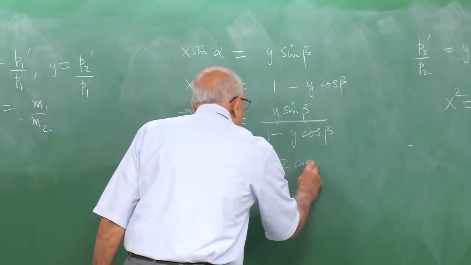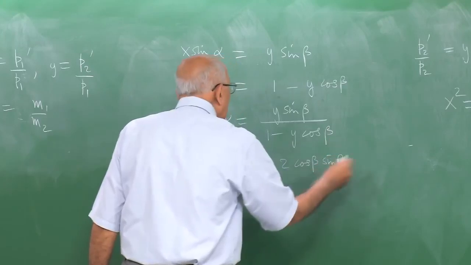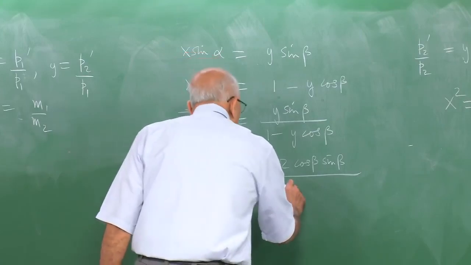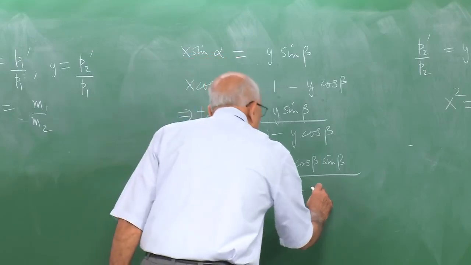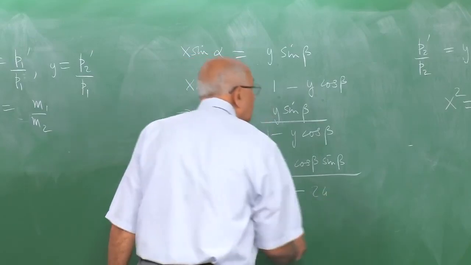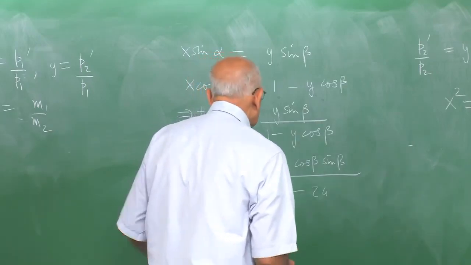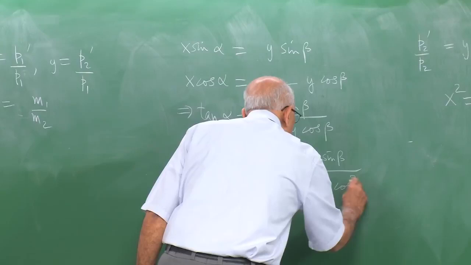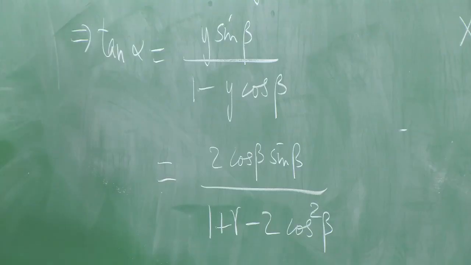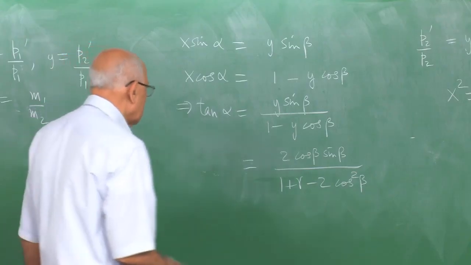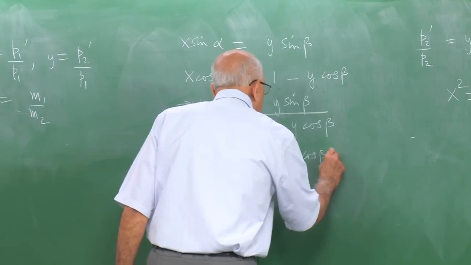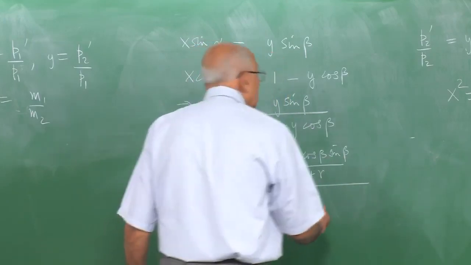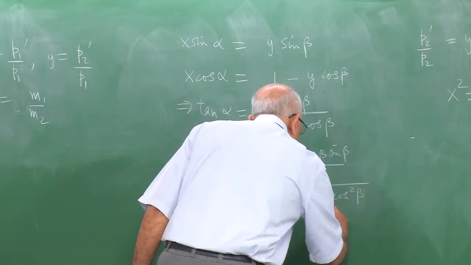So, you have 2 cos beta sine beta divided by 1 plus r, but that is going to cancel on both sides, and down here you have 1 plus r minus 2 cos squared beta over 1 plus r.